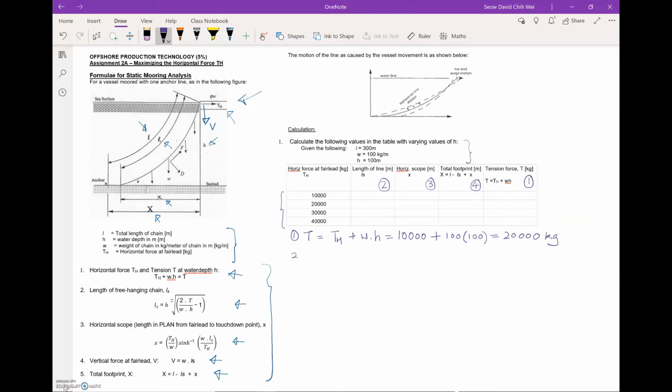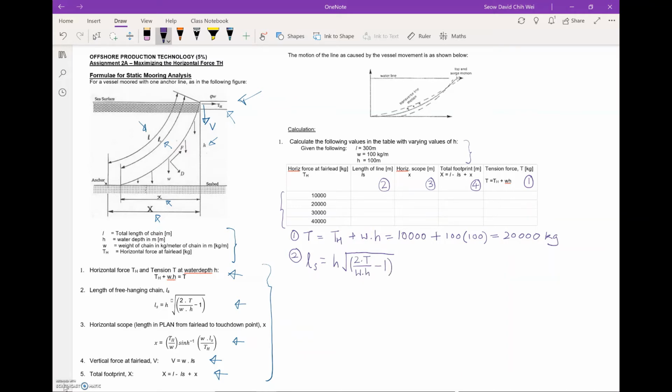For number 2, we'll be calculating the length of the free hanging chain LS. We'll use the equation from the formula sheet: LS equals H multiplied by the square root of (2 times T over WH minus 1).